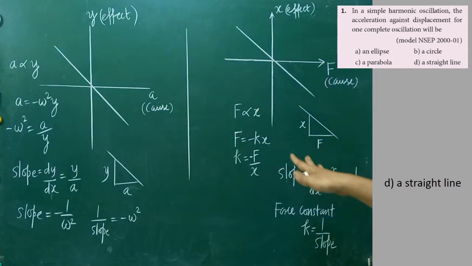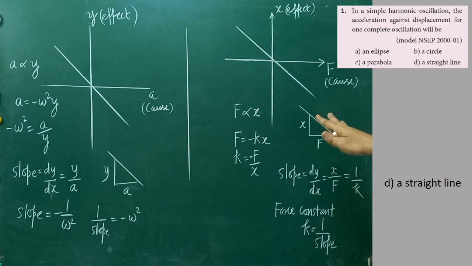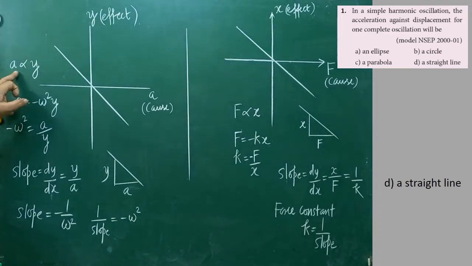Now this graph is to be taken as an analogy to understand the relationship between acceleration and displacement. We know the fundamental formula: acceleration is directly proportional to displacement in the case of simple harmonic motion. Are you clear? When displacement increases, acceleration also increases, but the acceleration increases in the opposite direction. The directly proportional symbol is replaced by the equal symbol by introducing a constant called what? Omega square.